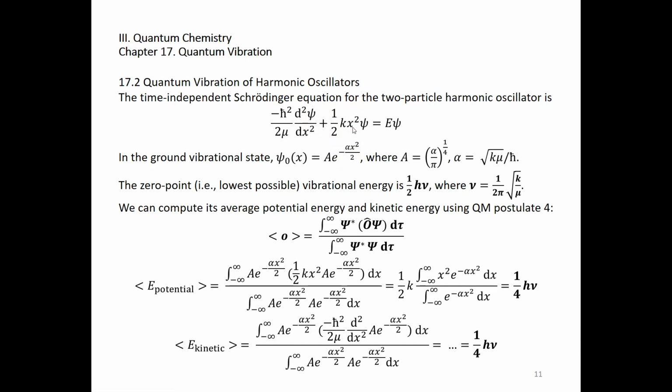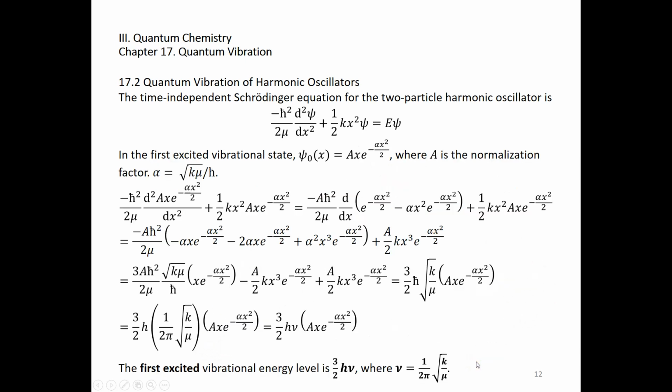So there's no way to determine the exact value of the potential energy or the kinetic energy. But we can determine the sum, which is half h nu. We can determine the average potential energy, which is 1/4 h nu. And actually, the average kinetic energy is simply the sum minus this average. We get 1/4 as well.